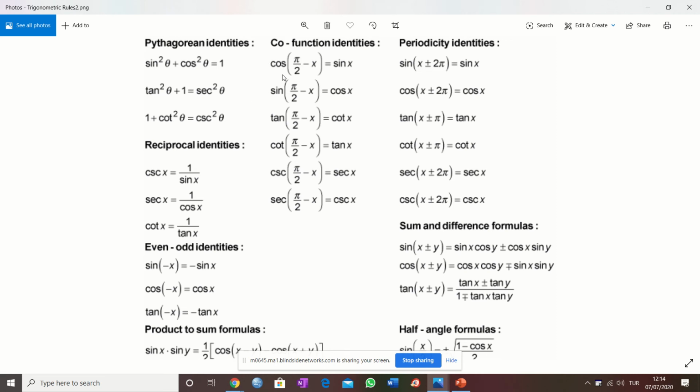You know that the co-function identities were these ones that you have studied in Calculus 1, and these were the periodic identities, where the trigonometric functions change according to addition or subtraction of pi, 2 pi, and here these are general transformations: cotangent, tangent, secant, cosecant.